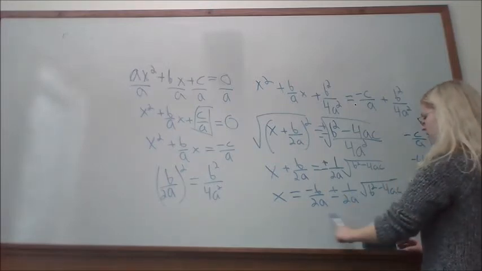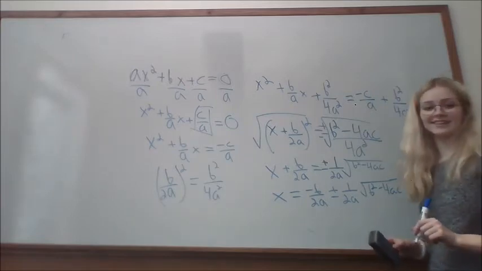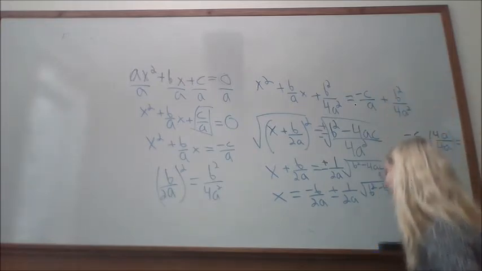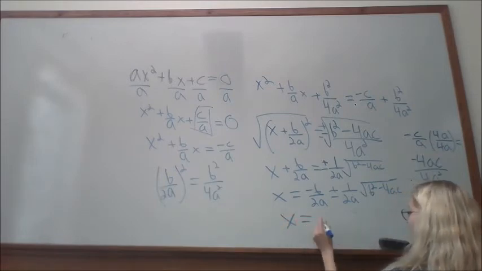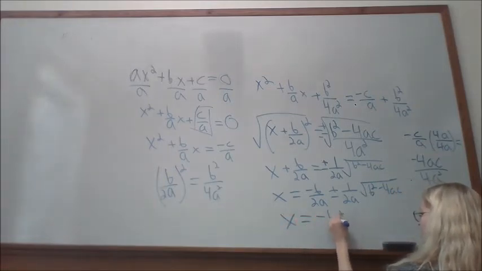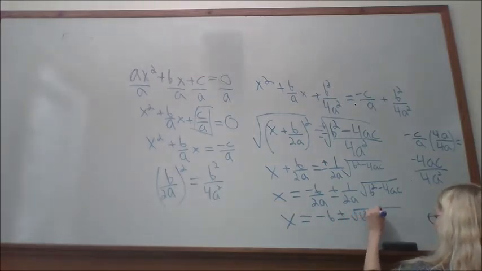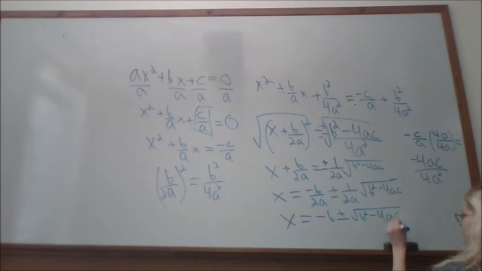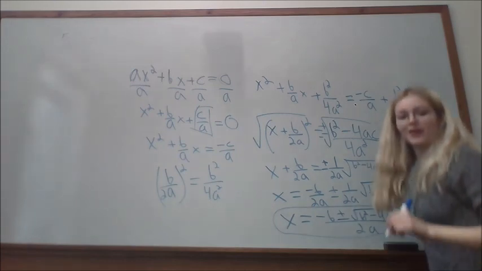And so since these two have the same denominator again, we can rewrite this as, drum roll, x equals negative b plus or minus the square root of b squared minus 4ac all over 2a. And that's how we get the quadratic formula.